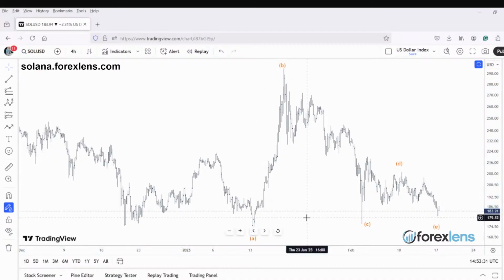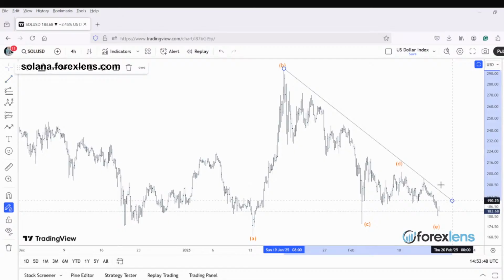All right. And we draw this trend line as well. We need to see a break above that trend line.